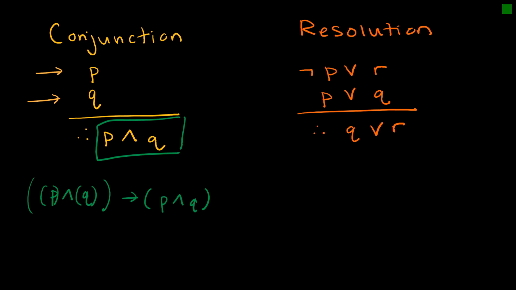And our resolution, this one's a little bit harder to get your brain around. This one is saying if we have not P or R, which means either one of these two is true, and we have P or Q, then therefore Q or R. So let's talk about the truth values on this one. Let's say not P is true, which means P is false.